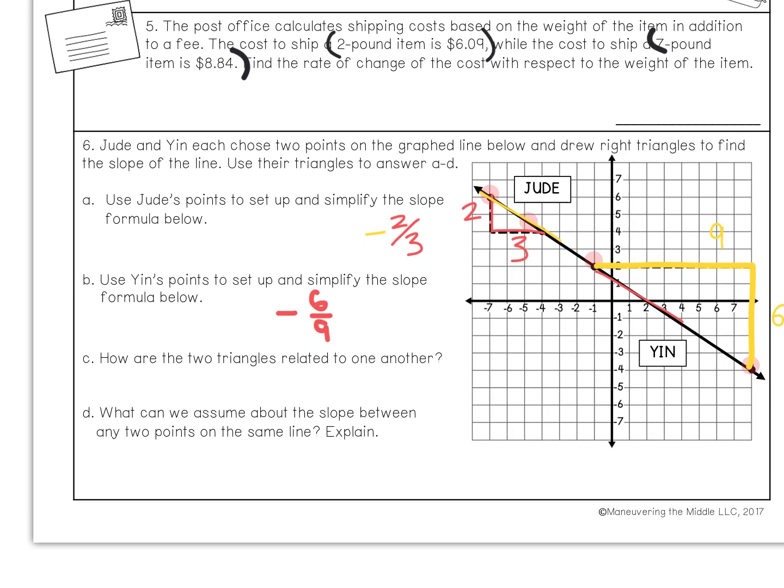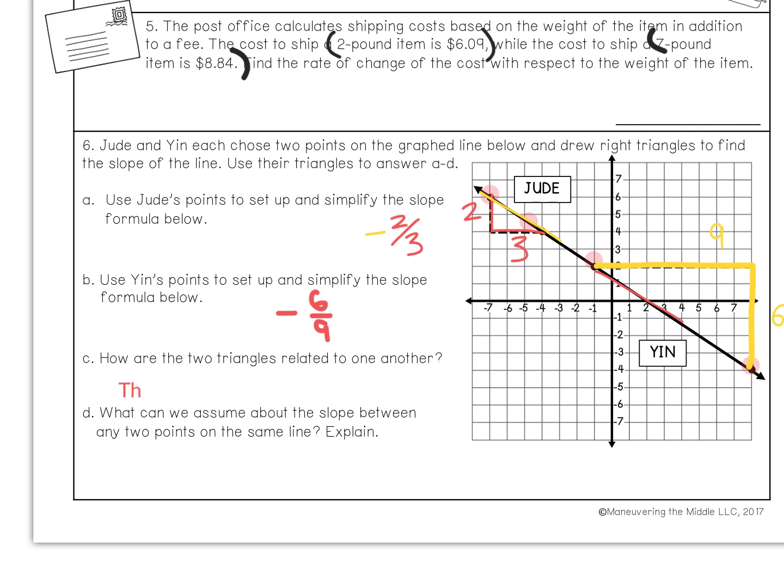Okay, how are these 2 things related to each other? They equal the same, because if you simplify it, it equals the same thing. Yes, that's more of the answer to D. So we'll do both. How are they similar to one another?